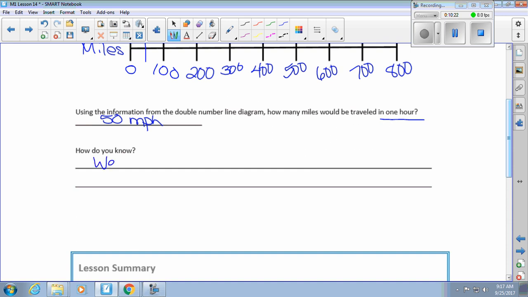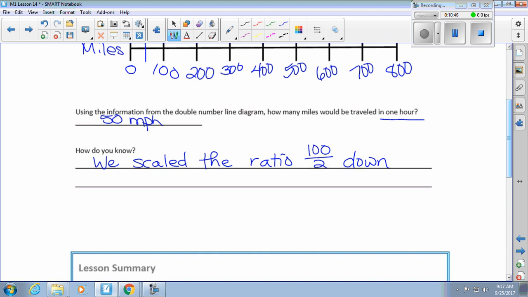So how do you know? We scaled the ratio 100 miles to 2 hours down. And that's what Jasmine was referring to.